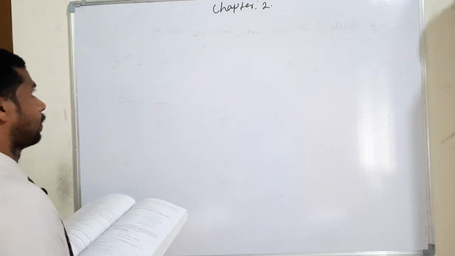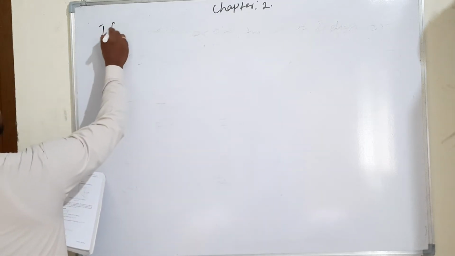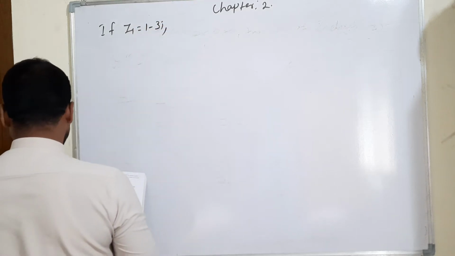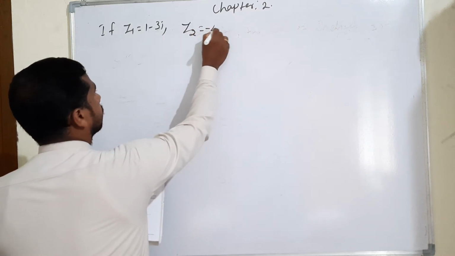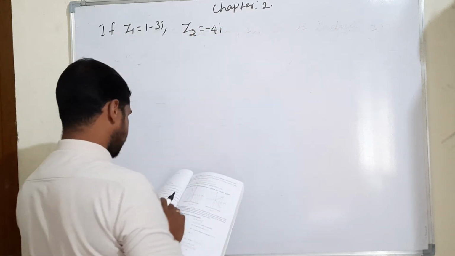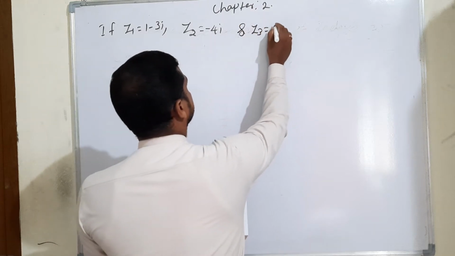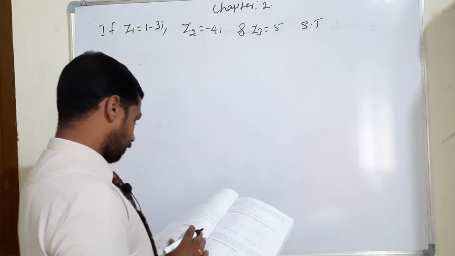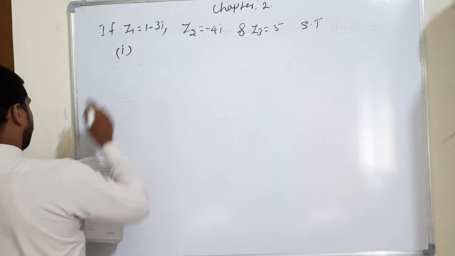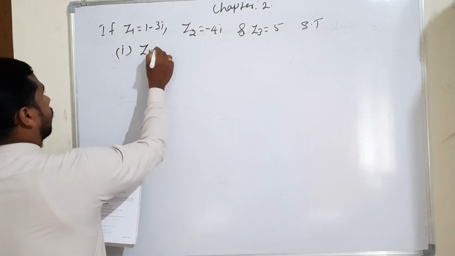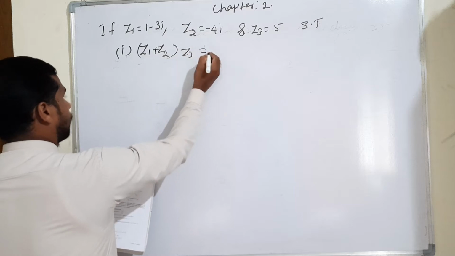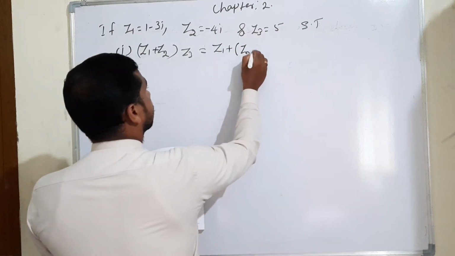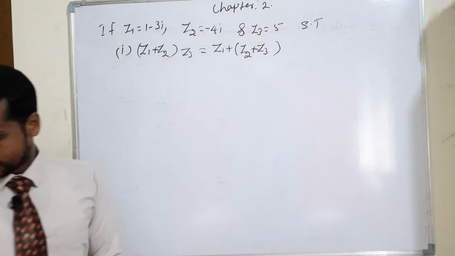If z1 is equal to 1 minus 3i, z2 is equal to minus 4i, and z3 is equal to 5, show that there are two subdivisions. Subdivision 1: z1 plus z2 into z3 is equal to z1 plus z2 plus z3.